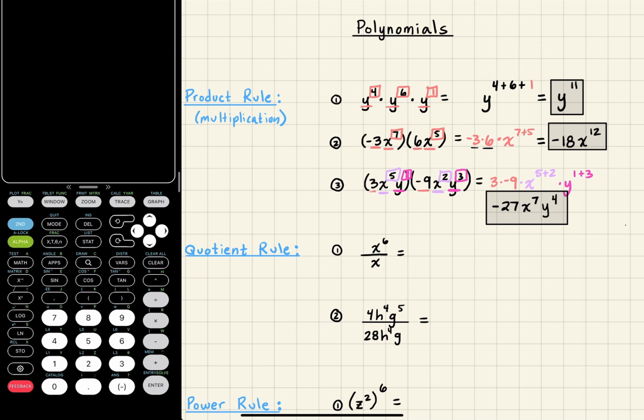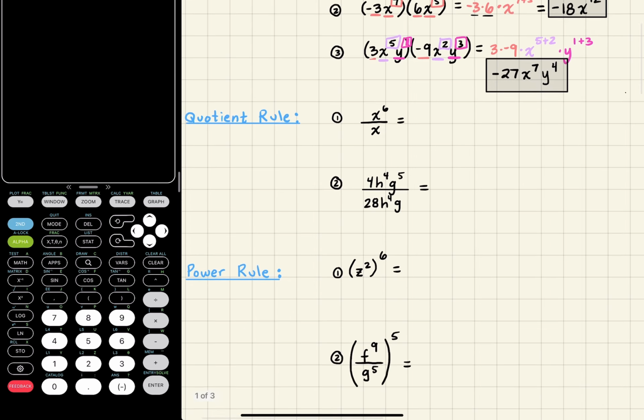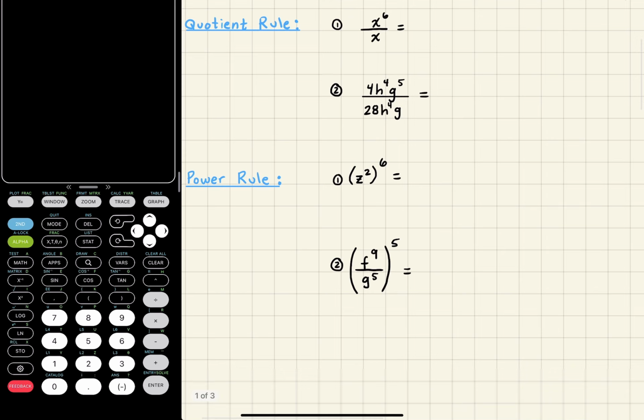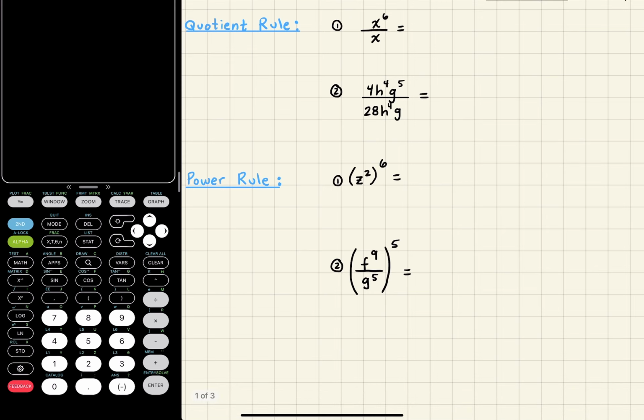Let's take a look at the quotient rule. For the quotient rule, if we're talking about quotients, that means we're talking about division. So you'll use the quotient rule when you're dividing terms. And we can see we've got some division going on here. We have x to the 6th divided by x.